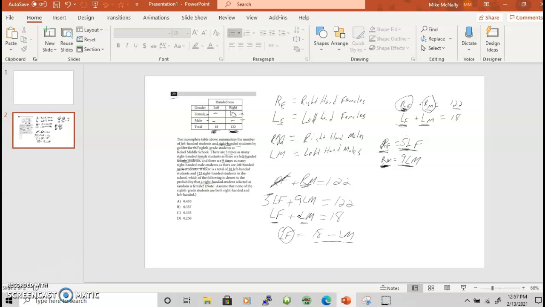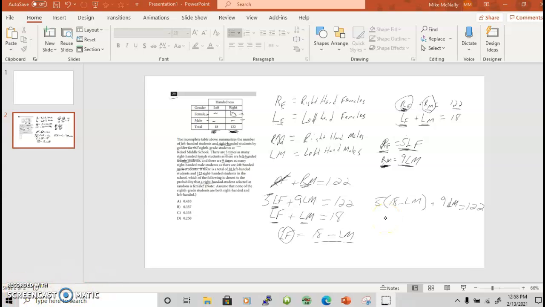So then in our top equation, 5 was going to multiply by LF, but LF is 18 minus LM. So let's just put 18 minus LM in there, plus 9LM equals 122.